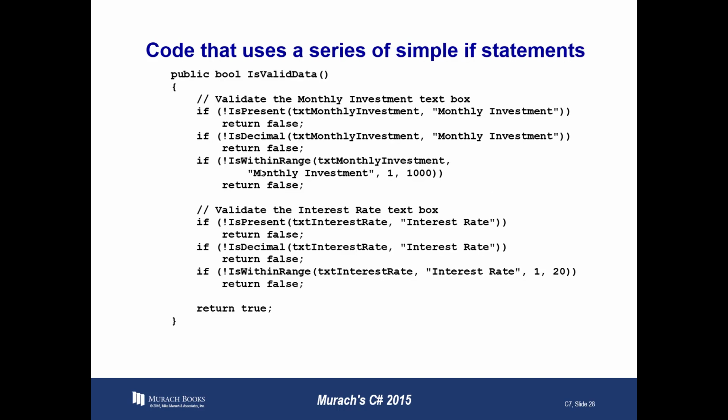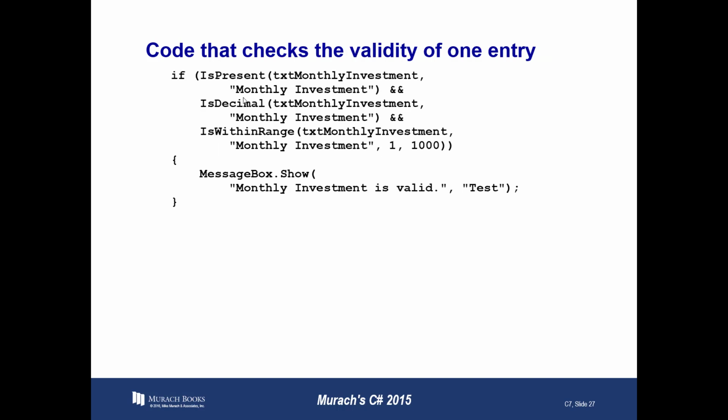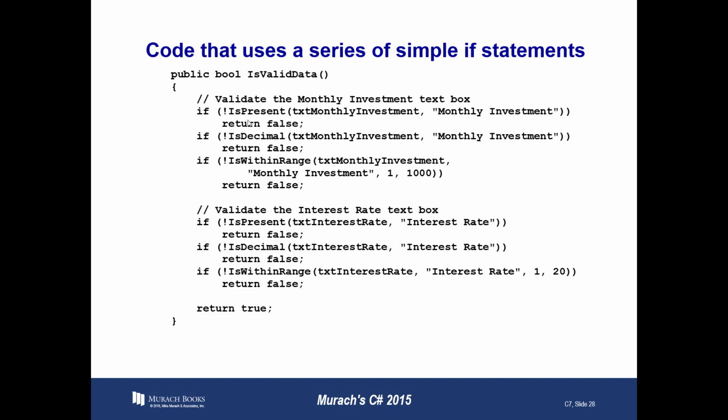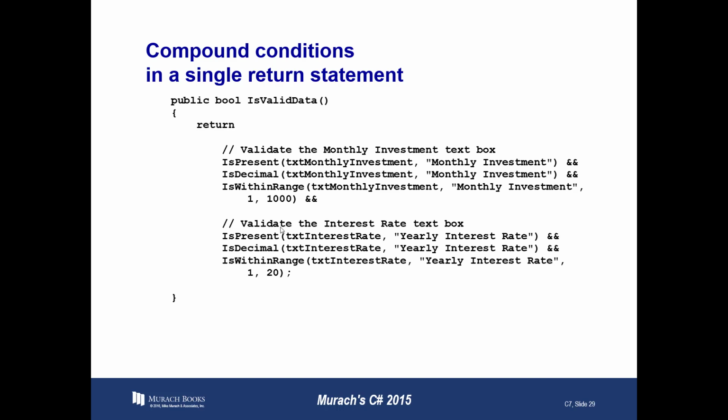Here they're checking them separately. The advantage of doing it this way as opposed to this way, this is a little harder to read, but the other thing is, although all they're doing here is returning false, it would be totally possible for you to come in here and instead of just returning false like they're doing, we could have put in message boxes to give them more information on what they were doing wrong.